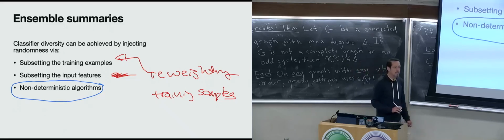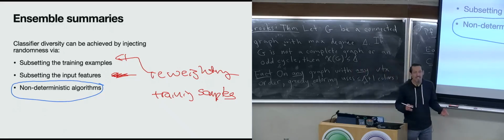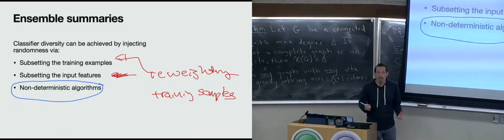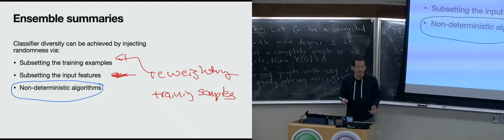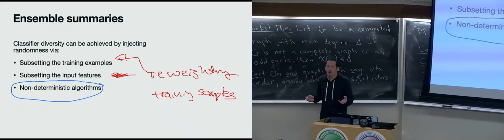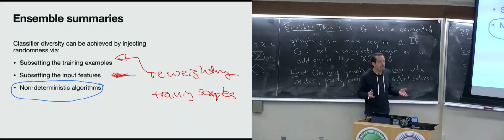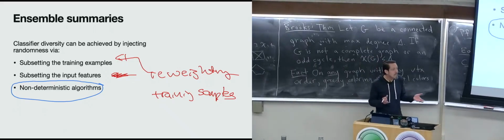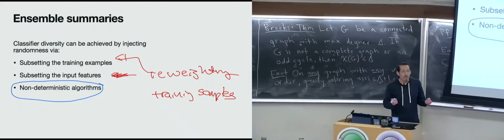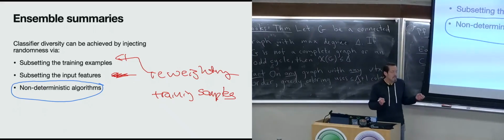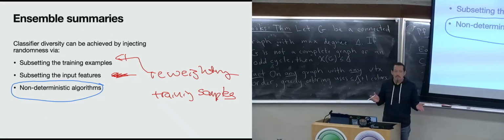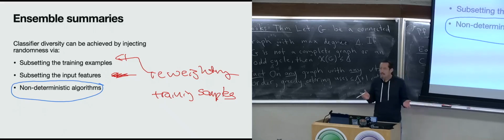You could also do it, and we haven't talked about this at all, by having stochasticity just in your individual classifiers. This is kind of the neural network way, right? Neural networks have weights. Their weights, as we will discover next week, they have to start somewhere. They start at random values. Usually.